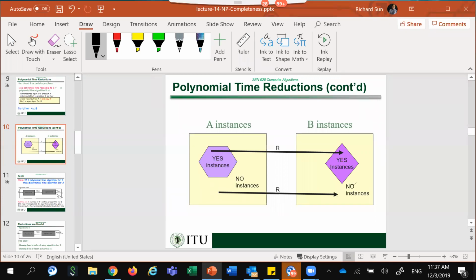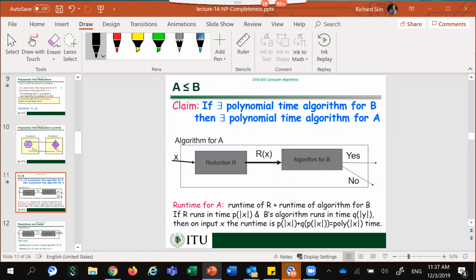If such a polynomial time transformation exists, then we say A is polynomial time reducible to B.